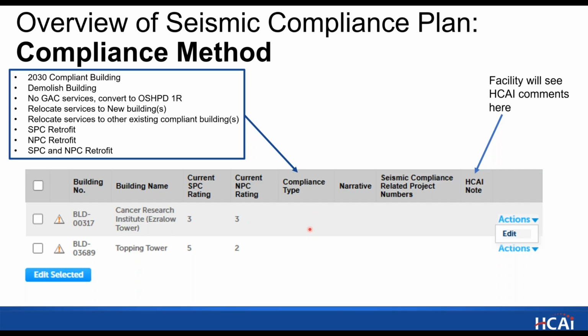The columns that need your input: first is compliance type, a drop-down menu, so you can look at all the options and see which one your plan is. Then a few sentence narrative, and if you have any project numbers, they go here. And if we have any comments, you're gonna see our comments right next to each line.